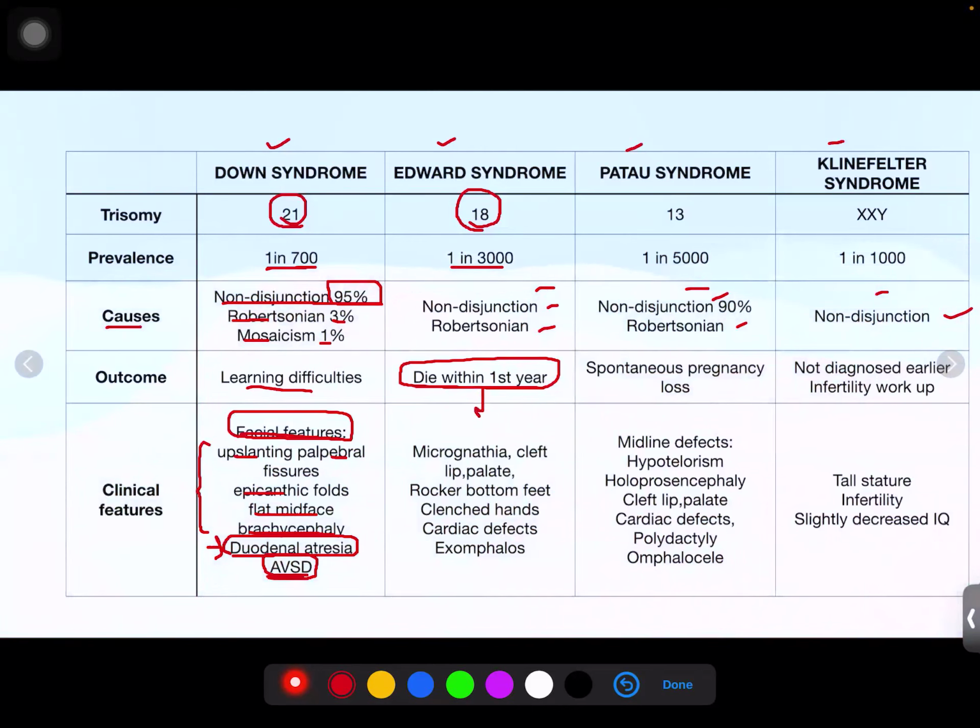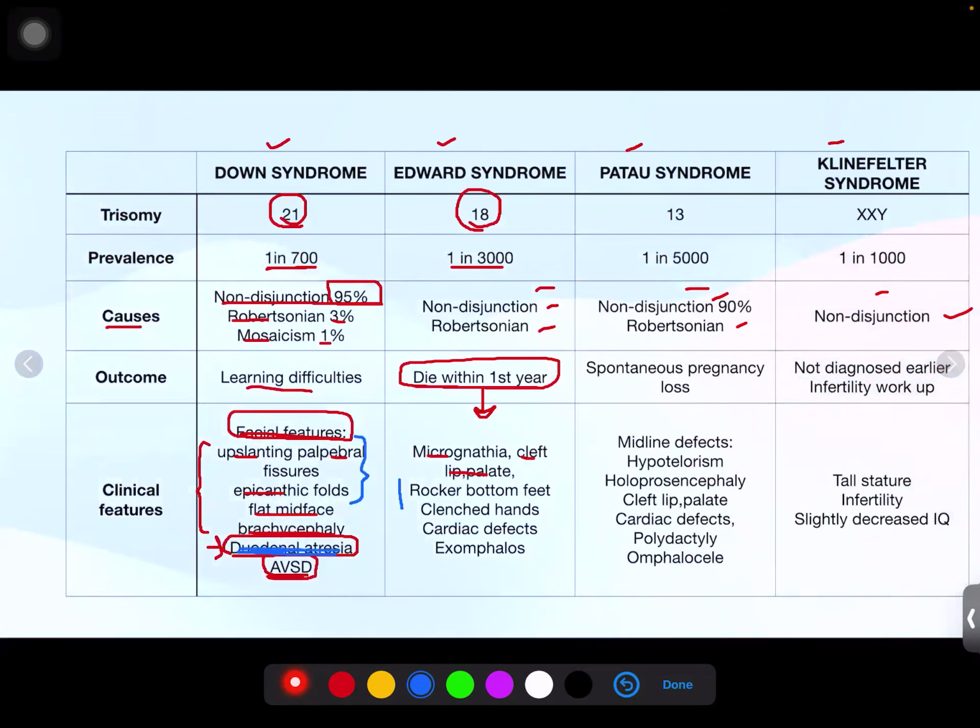The facial features of Edward syndrome: micrognathia, cleft lip, cleft palate. Now you have to remember there are a few pathognomonic clue words. What are they in Down syndrome? Palpebral fissures, epicanthic folds, even duodenal atresia is very pathognomonic of Down syndrome.